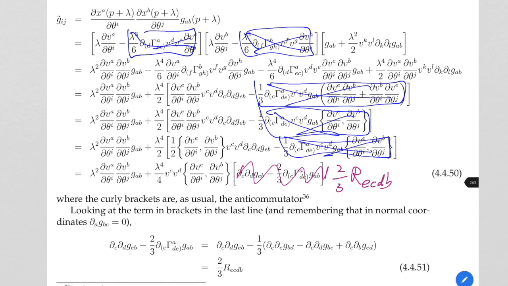Ultimately, if what I say is true, we end up right all the way down here at the same spot, but we don't have that term. We just have this expression only. And so clearly we've got to get our Riemann tensor in there with just this guy. We'll talk about that in the next lesson.